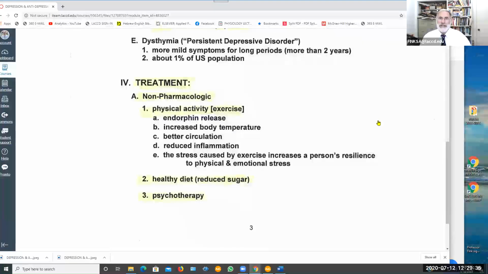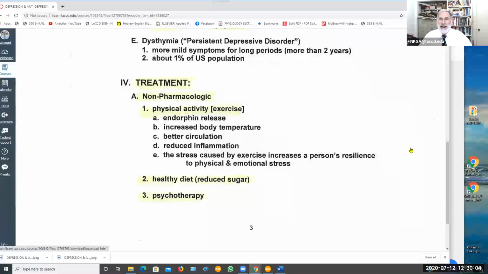So these include, number one, most importantly, physical activity or exercise. There are a number of theories as to why physical exercise has an antidepressant effect, makes us feel better even when we're not in a depressed state. These include the release of endorphin neurotransmitters, the so-called runner's high. During exercise, our body temperature rises, and that's why even a hot shower or a bath may be beneficial.